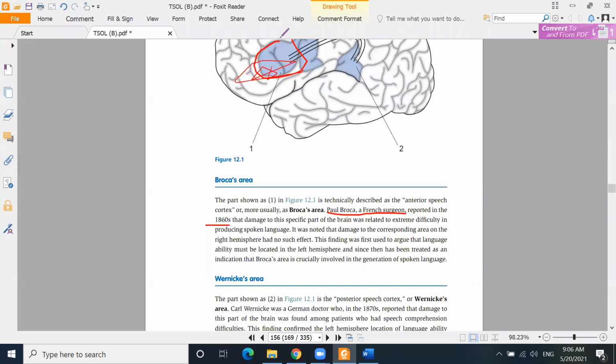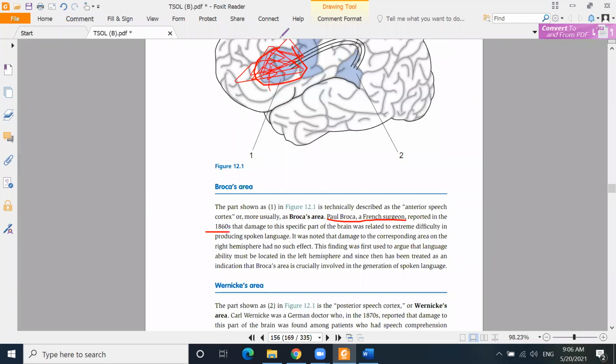Paul Broca was treating a patient, and that patient had got damage in this part of the brain, and Broca realized that that person had some problem in the production of language, right? Let me write it here. In the production of language, we produce language, we comprehend language, right?